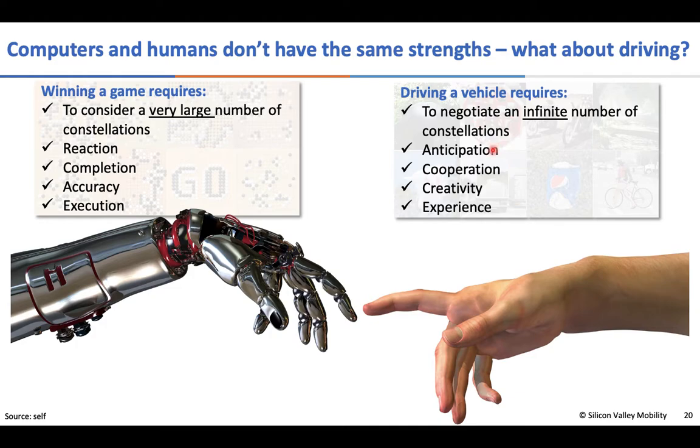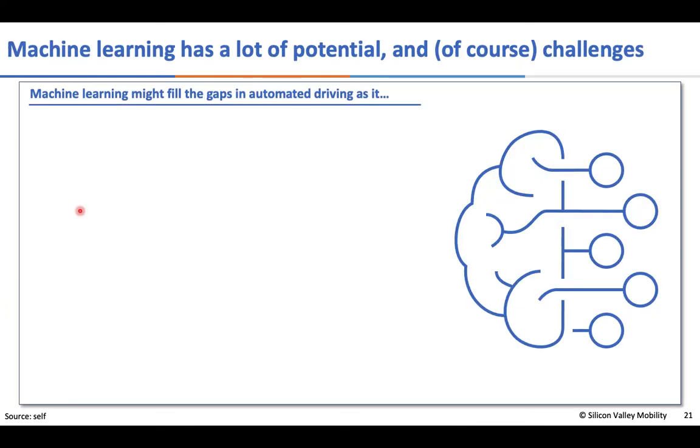And humans can anticipate, can cooperate with other traffic participants, as opposed to completing just a mission. Humans are creative and have their experience, as opposed to just executing what one is told to do. So how traffic works today is very human-centric, and to just put a machine out there to do the same thing is difficult.